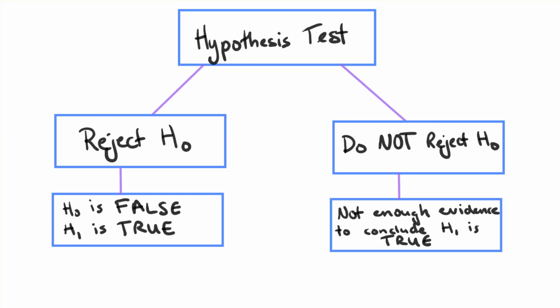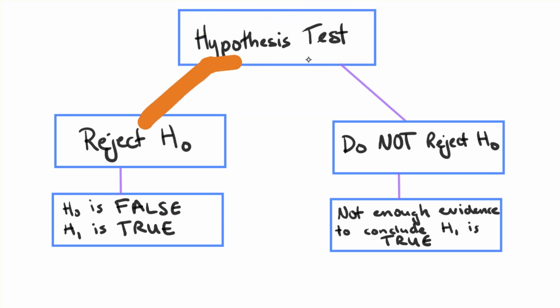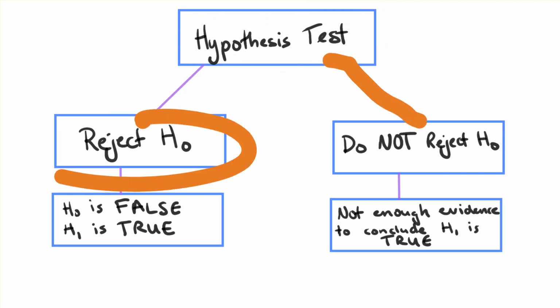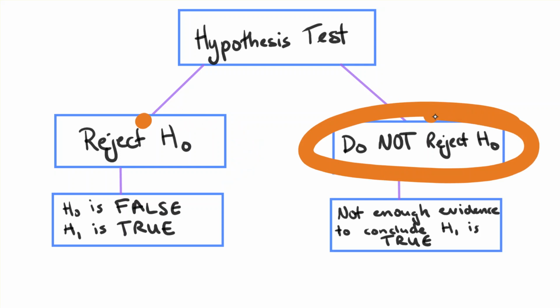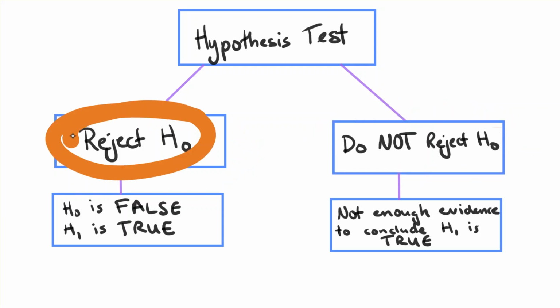So we're going to conduct a hypothesis test. From the hypothesis test, there's two possible outcomes. Either we reject H0 or we do not reject H0. Now, if we end up rejecting H0, then our conclusion is that H0 is false and H1 is true.